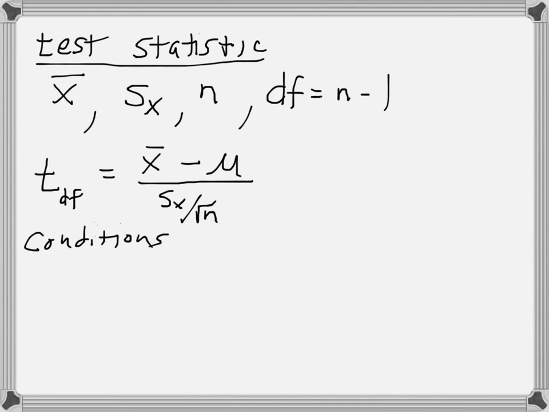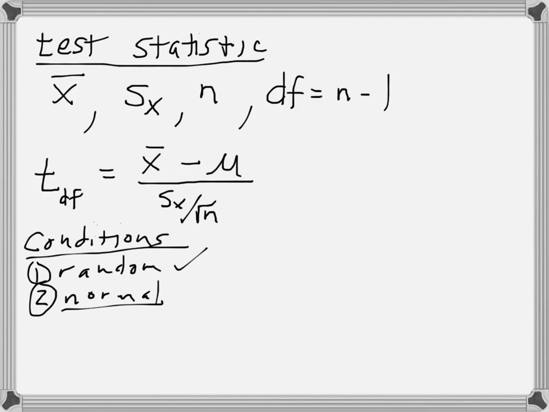Conditions. Let's talk about the conditions. We said number one was random. That has to be given. Now, the normal condition can be satisfied in three ways. Either the population is normal, and that is given. Now, we had problems like this in the last section.